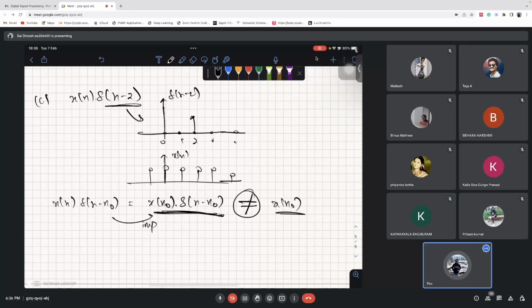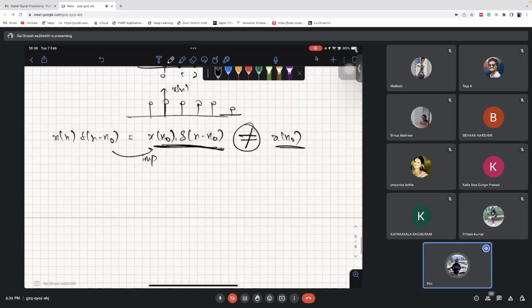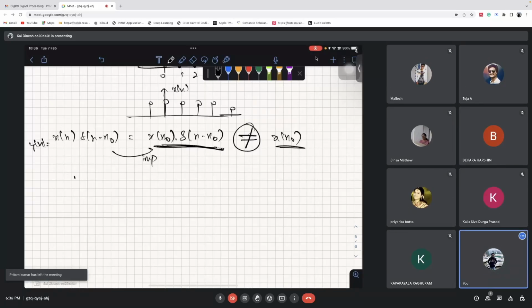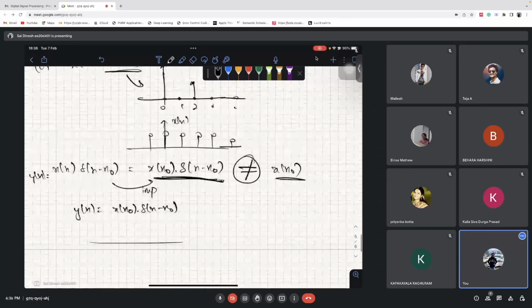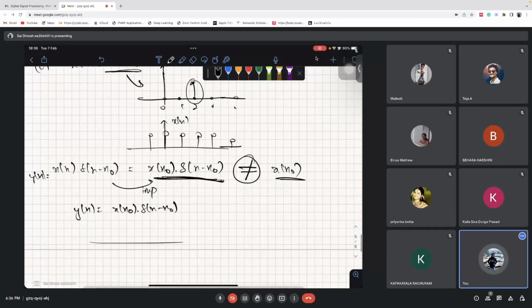It means that what is left is the sample at the non-zero value of delta. So what we are left with is this one.